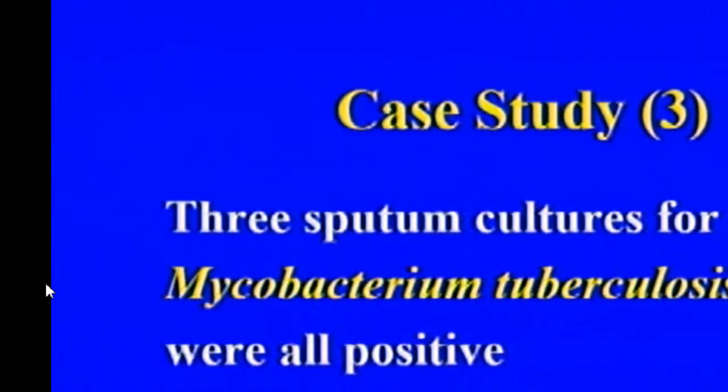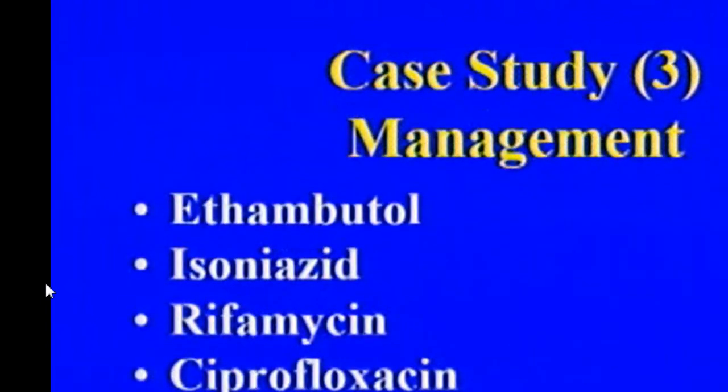And as you can see, the radiologist made a misdiagnosis of fungal infection. The internist made the diagnosis of uveitis and started steroids. So these patients who are immunosuppressed should be handled differently, and you should always say infection until proven otherwise. He was given antituberculous therapy.